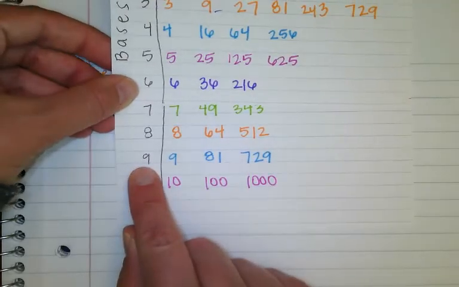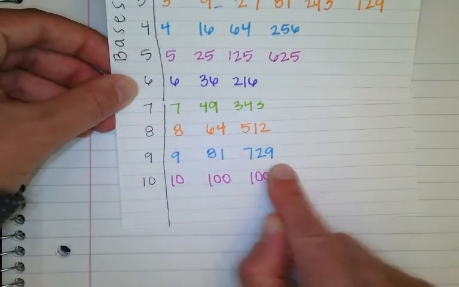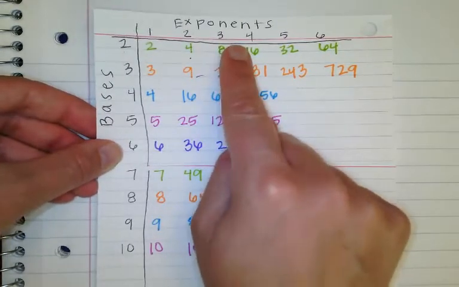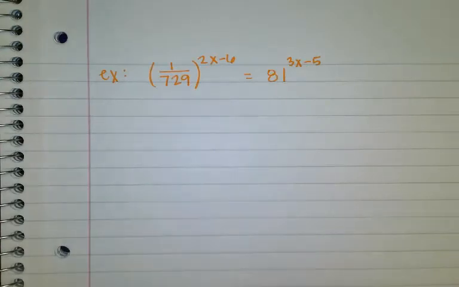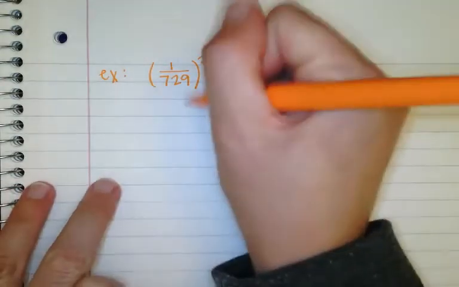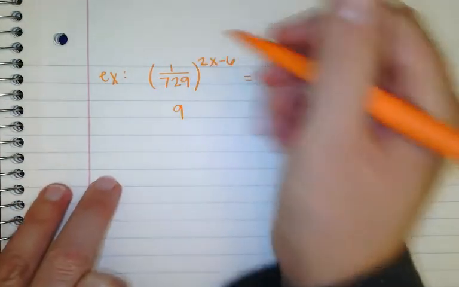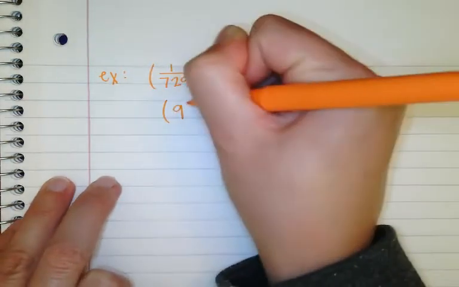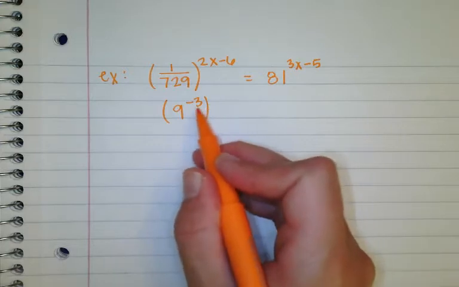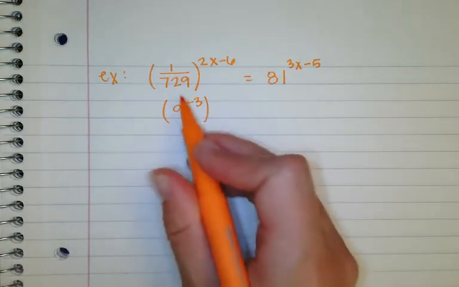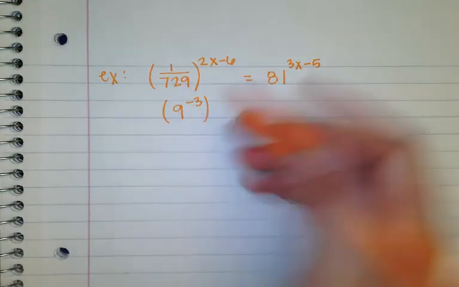Or we have 9 that we can do 81 and 729 with, just by using a square and a cube. I'm going to go ahead and use 9 as my common base. So since 9 cubed is 729, I'm going to rewrite this as 9 to the negative 3rd, so that I'll see the 729 as a fraction.